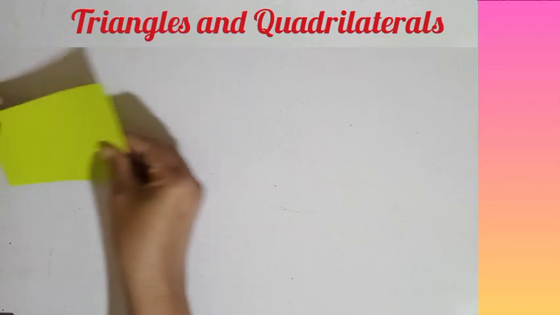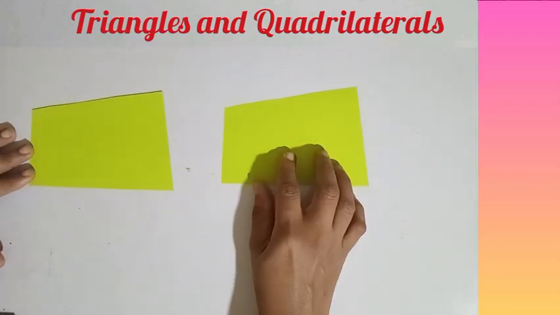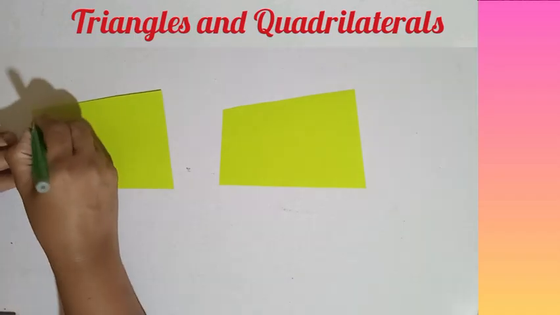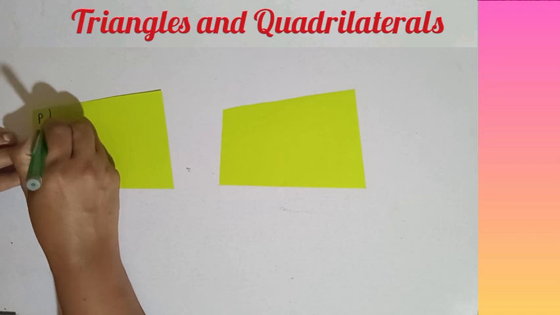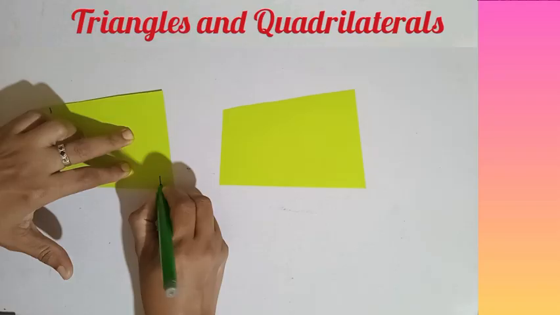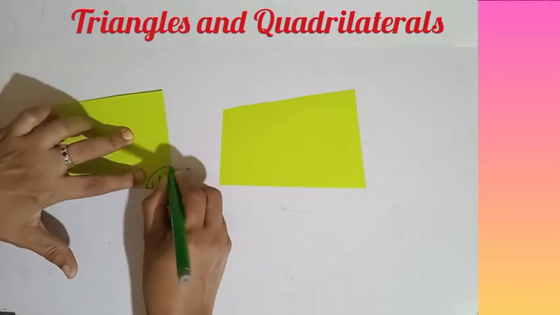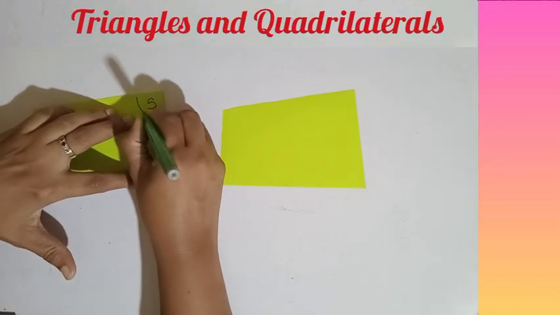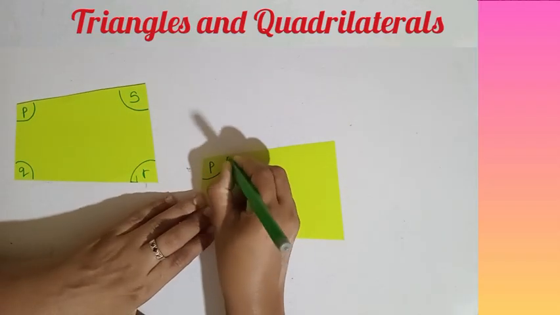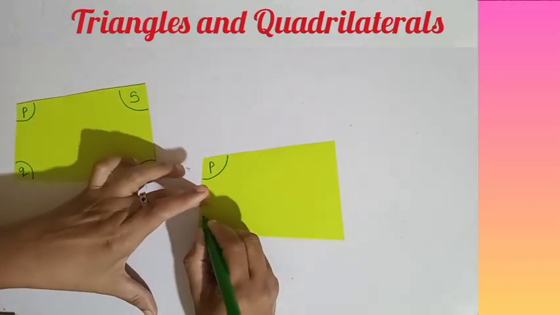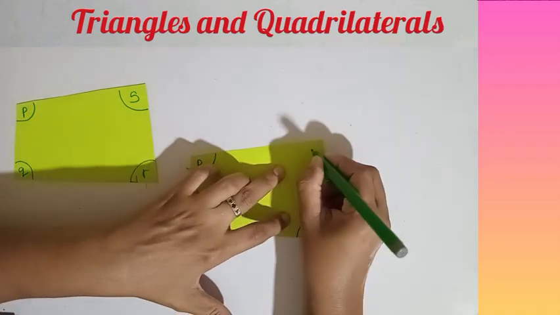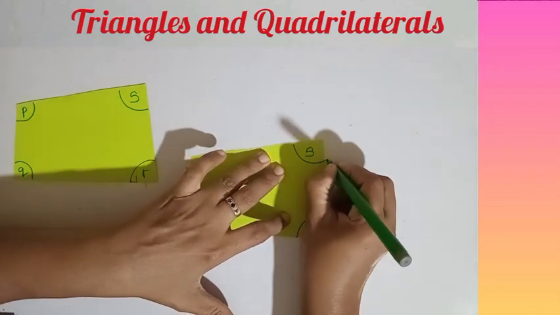As in the earlier way, I have cut out two identical quadrilaterals like this. Then I'll name the four interior angles as P, Q, R and S in each quadrilateral. I have named the four interior angles.